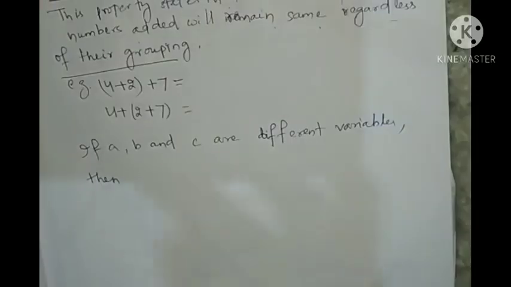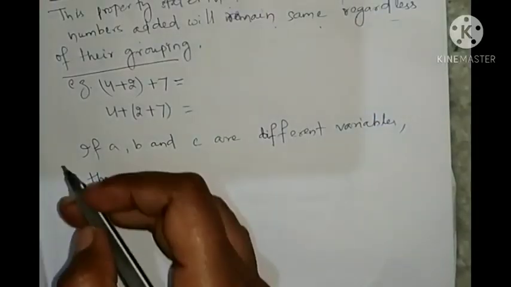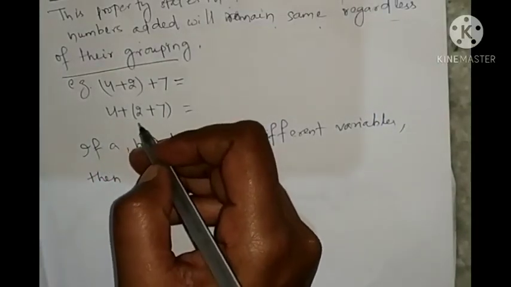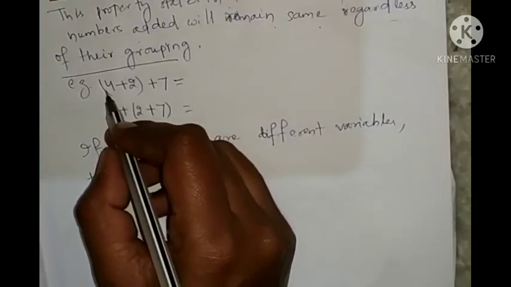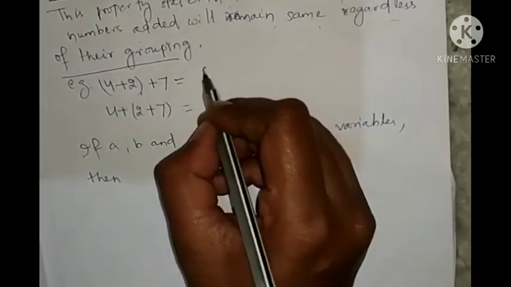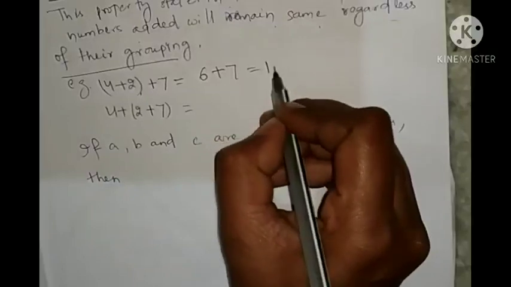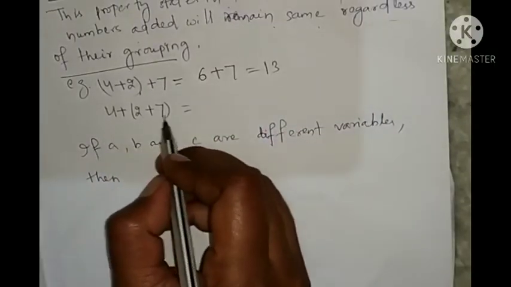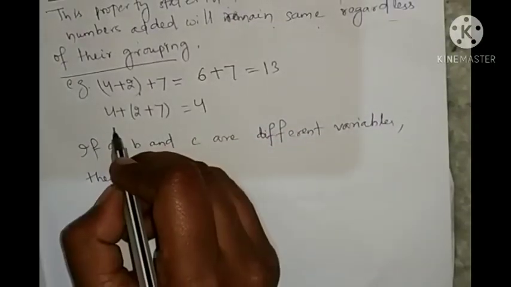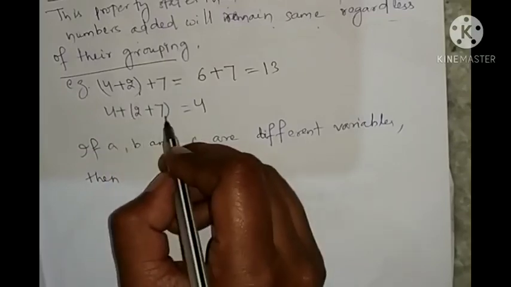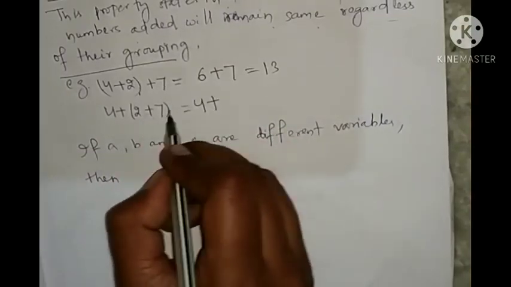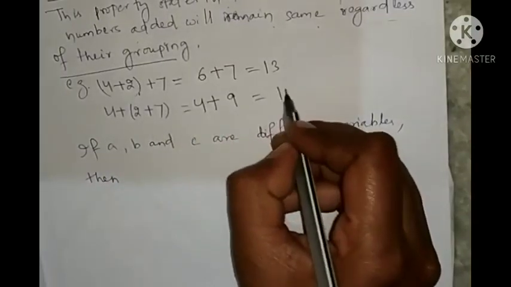So let's see. Here given 4 plus 2 plus 7. So look at here, we have grouped first two numbers. So 4 plus 2 is what? 6 plus 7. It is how much? 13. So here 4 plus 2 plus 7, but which numbers we have grouped? Last two numbers. So 4 plus 7 plus 2 is how much? 9. That is how much? 13.